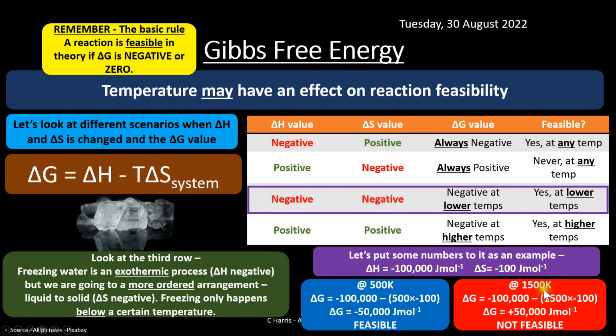At 1500 Kelvin, using the same figures, this reaction isn't feasible. We're just putting in arbitrary figures for any reaction. It doesn't really matter. This just demonstrates how if the temperature is high enough, it might not be feasible, and vice versa. So this is just a generic example, but water is an example of this.